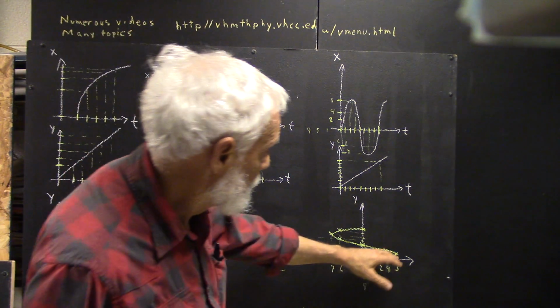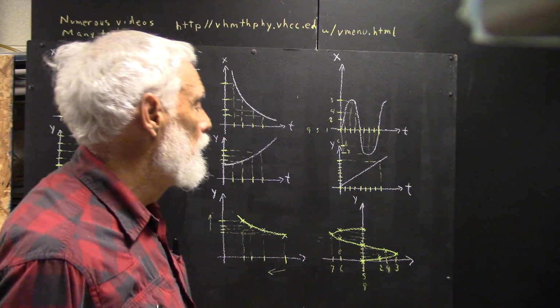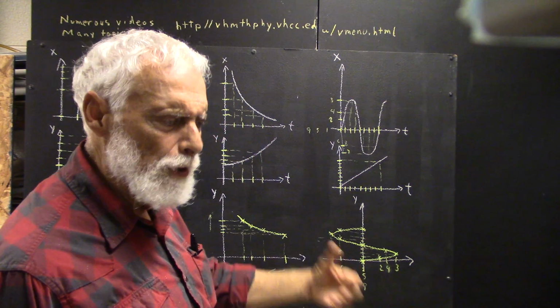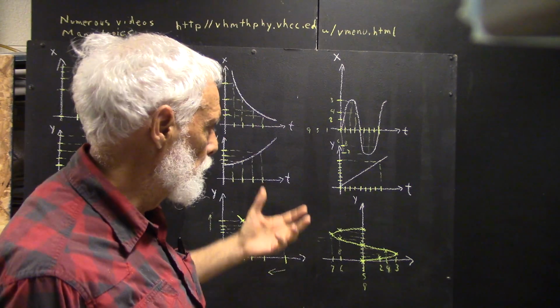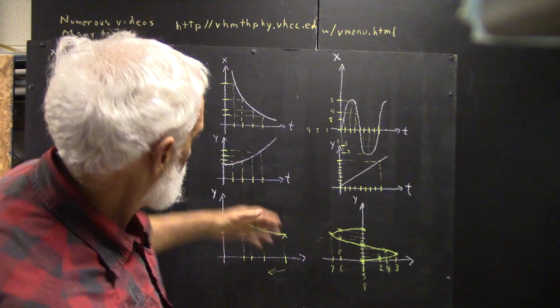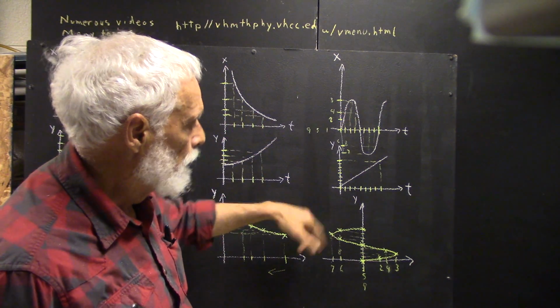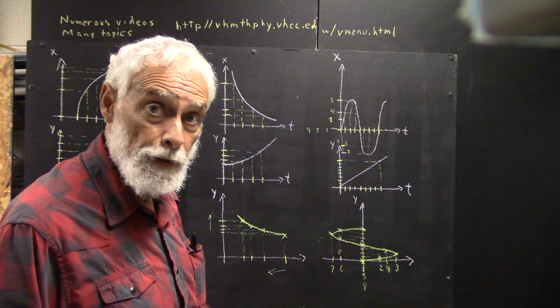Okay, so we need to be able to do this sort of visualization. We don't actually absolutely need to, but we're going to be much more powerful if we can start with this idea and learn to visualize these things.